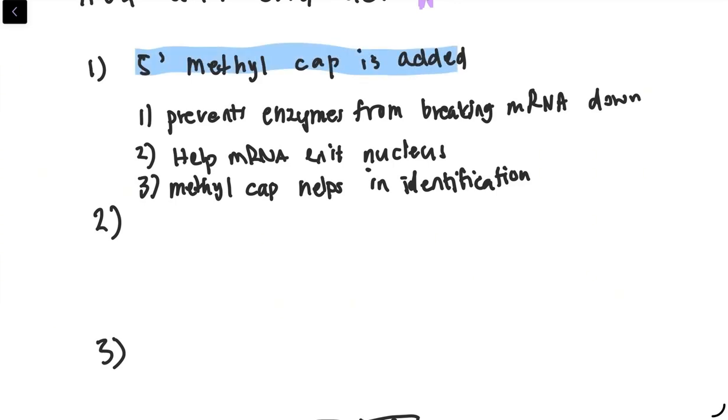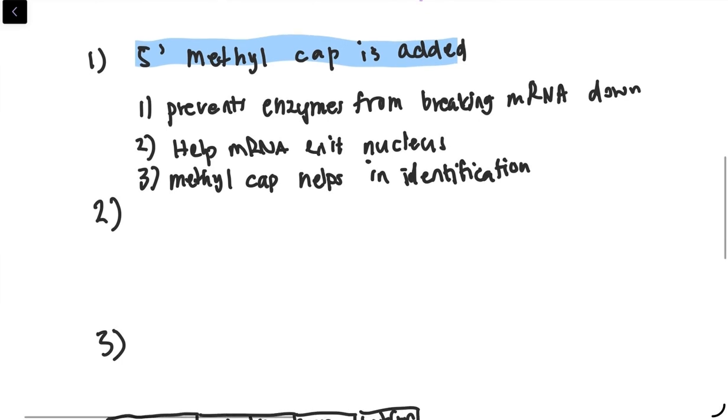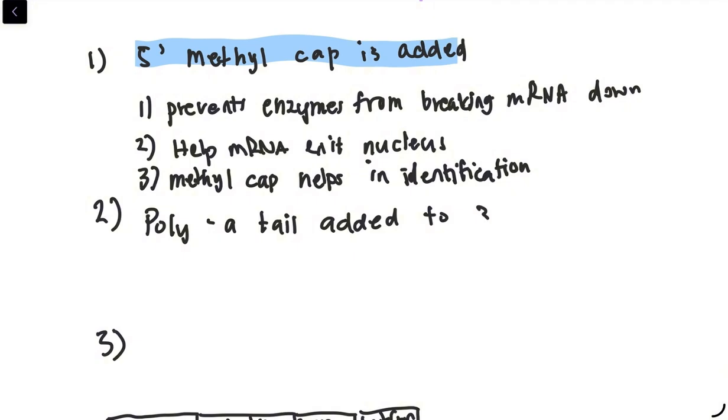So the second step of RNA processing is something called a poly-A tail, which is added to the 3-prime end. So you have the methyl cap added to the 5-prime end, and now you have a poly-A tail added to the 3-prime end. Now, what is a poly-A tail?